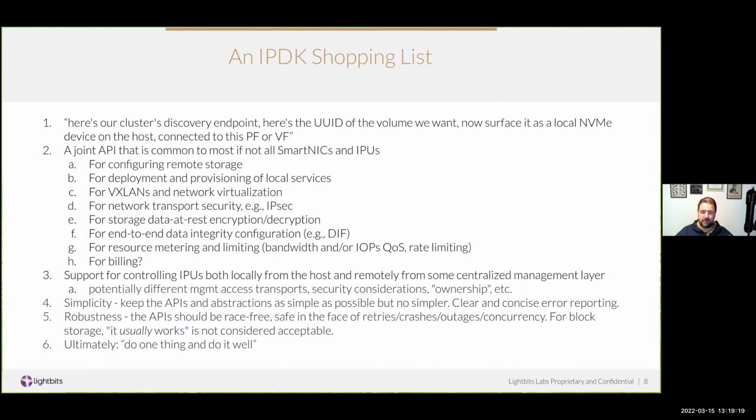At an even higher level of abstraction, or a meta level, we'd like the APIs to be as simple as possible, but no simpler. Key to this is clear and concise error reporting. Let's put it this way, and I'm not pointing a finger at any specific software stack or IPU or DPU or SmartNIC, we've seen some APIs that were far from simple. They may have been low level, but they were far from simple.